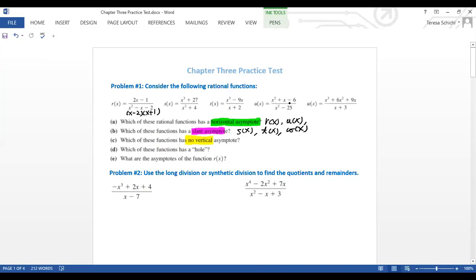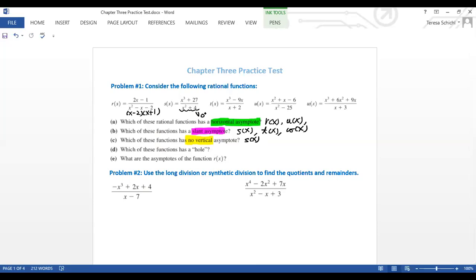This one we have, this one we have, this one we have. The only one we don't have is this one, x squared plus 4, so it's S(x). The reason there's no vertical asymptote is that this number is always greater than 0. No value will make the denominator equal to 0, so there's no vertical asymptote.